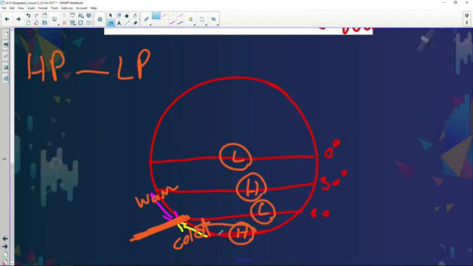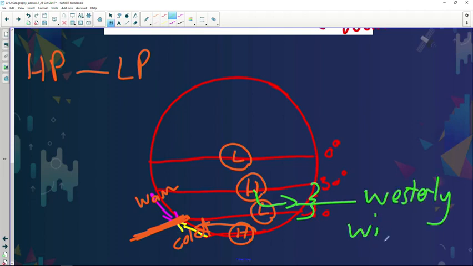Now, this system, like the name indicates, mid-latitudes, originates in this area over here. Just use a different color pen quickly. And obviously, the air moves from this high pressure to this low pressure where it's deflected, and it moves in the westerly wind belt.